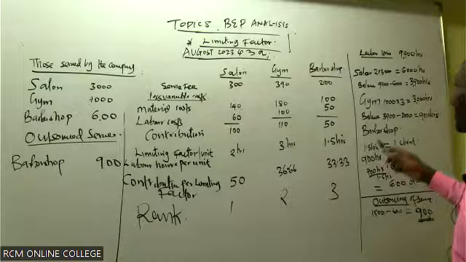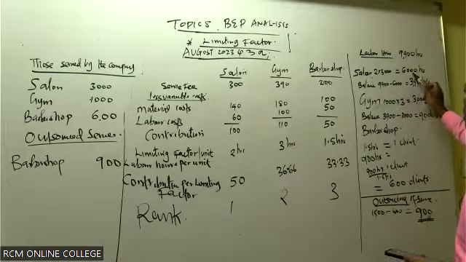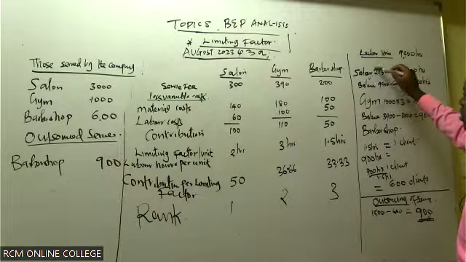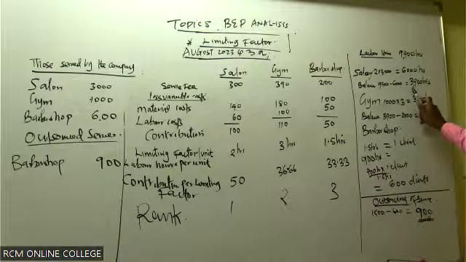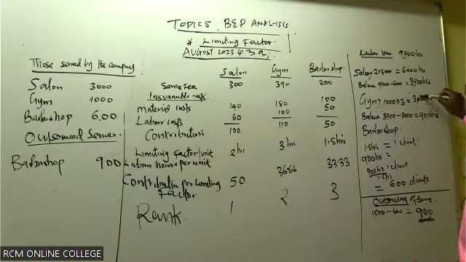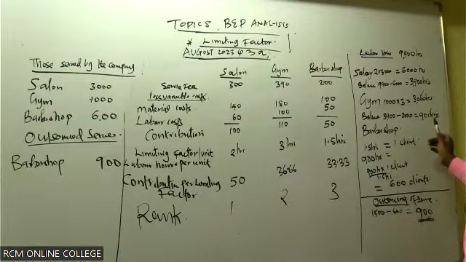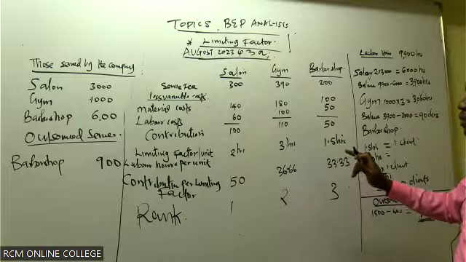We have finished with it here. So I'll just come here and say, salon, 6,000, all of them will be served because I've done ranking. Then I go to gym, I have a balance of 3,900, but gym needs 3,000. So all of them will be served. The balance of 900 cannot serve 1,500 clients in the barber shop.